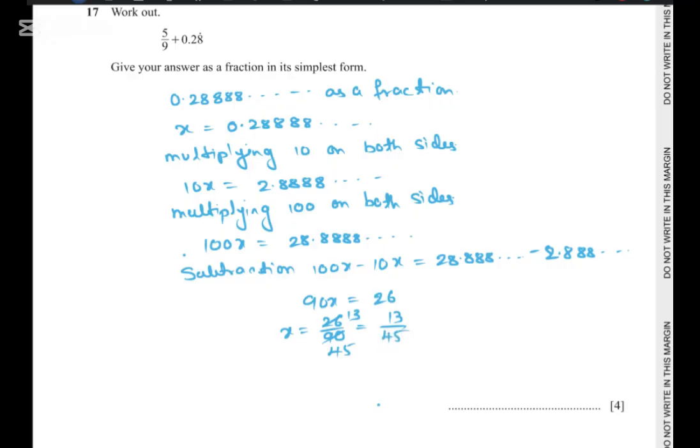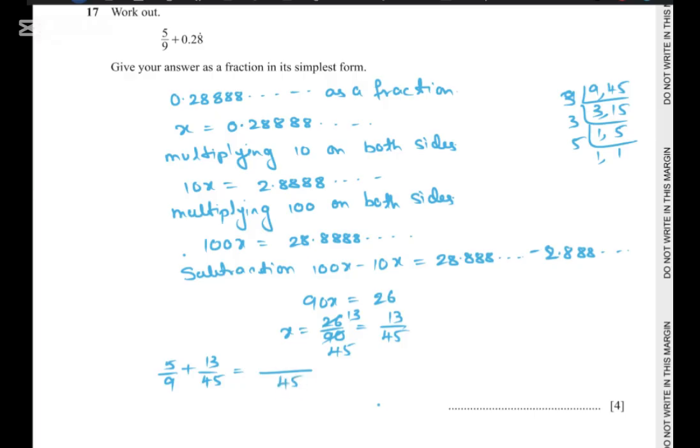Then now add 5 by 9 plus 13 by 45. The LCM of 9 and 45 is 45, since 9 5s are 45.